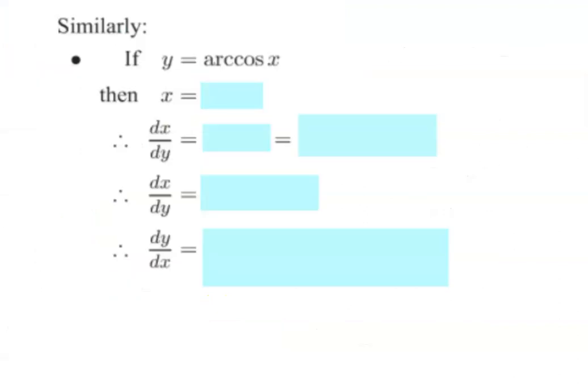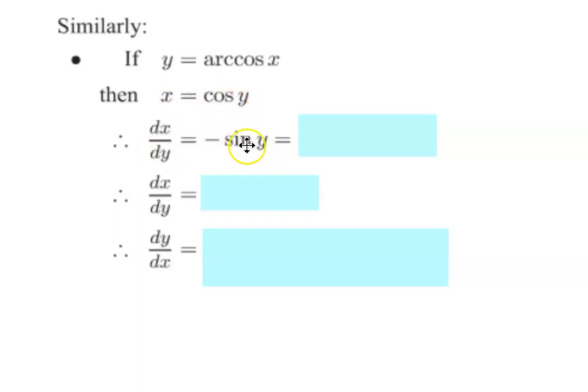Now the same can be done for the arc cos function. Once again, you can express x as the cos of y. Then we differentiate with respect to y. We get dx on dy, the cos becomes minus sine.